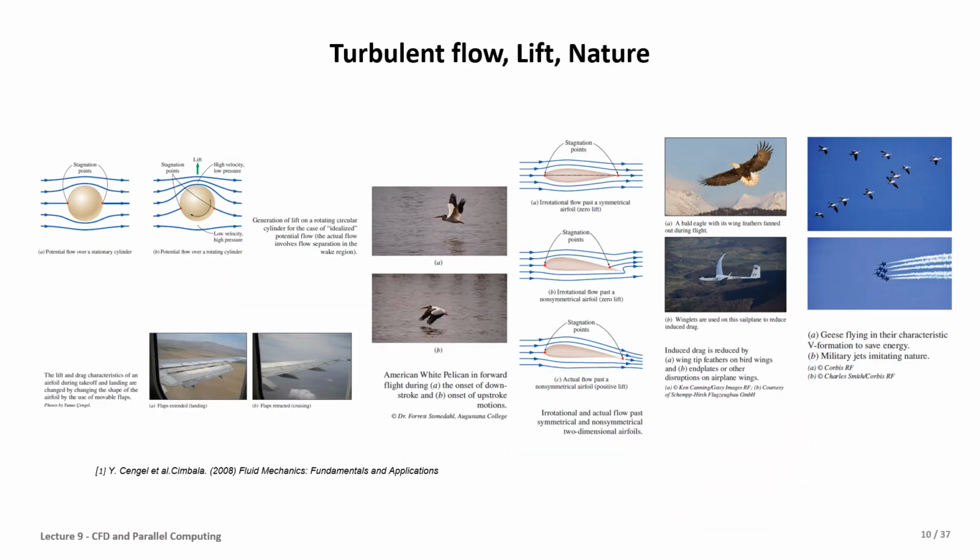And then in this slide, we have a presentation of natural patterns, which are used in some designs. For example, flow over a cylinder when it has a rotation, or when it's stationary, and it has a different separation or stagnation point, which makes the lift on the cylinder.